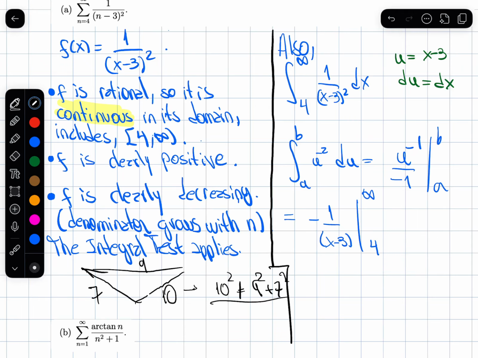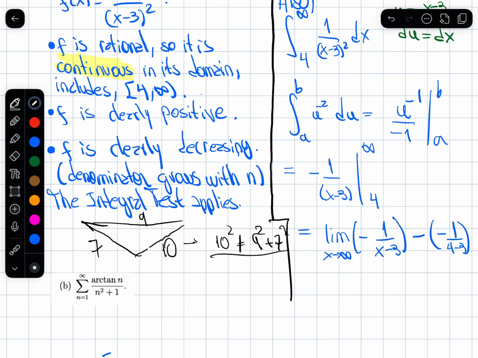So it's the limit of this when x goes to infinity. That's what plugging in infinity means with an improper integral, minus plugging in 4.